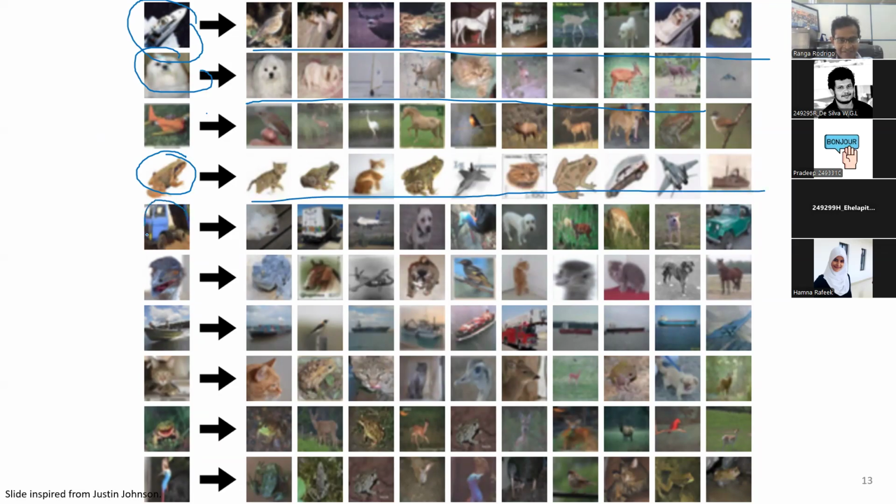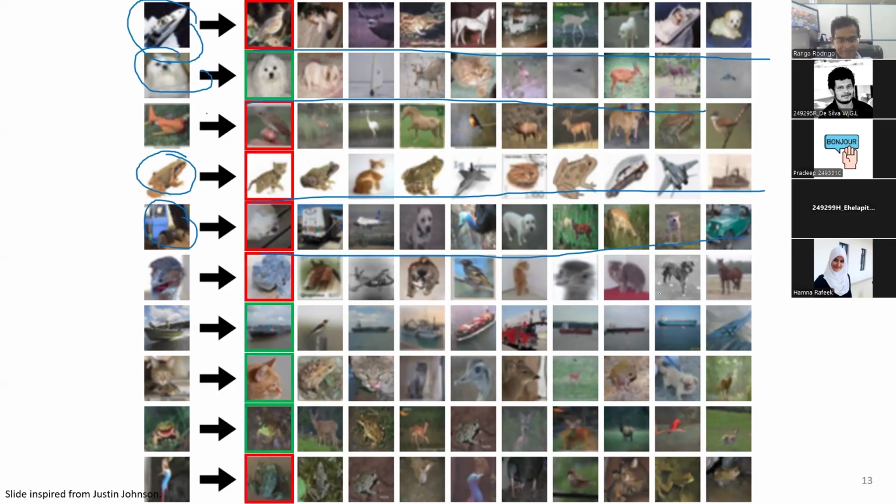So this one is correct, this one is wrong, this is correct, this is wrong, correct, wrong, wrong. Oh, okay, I have done red and green. This is correct, this is correct, this is correct, and this is wrong. These are the nearest neighbor, second nearest neighbor, third nearest neighbor, fourth nearest neighbor, and so on. I hope this diagram is clear to you.